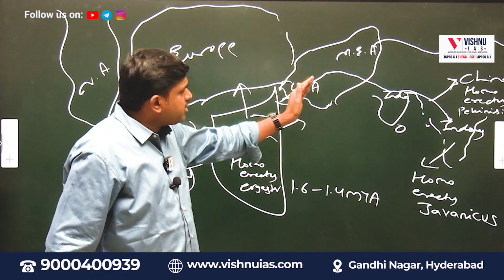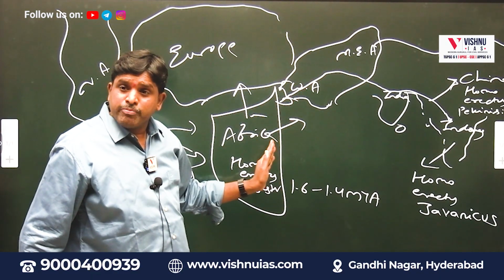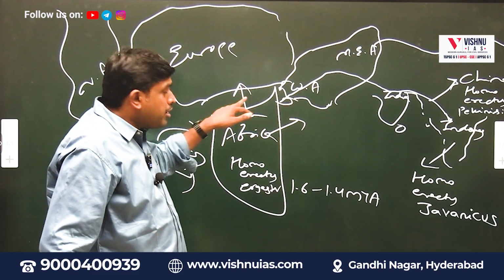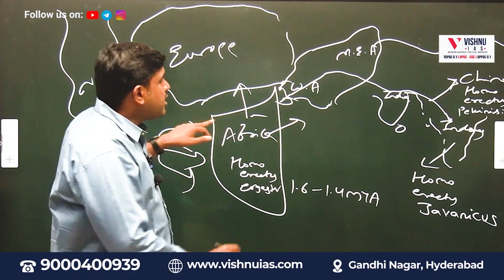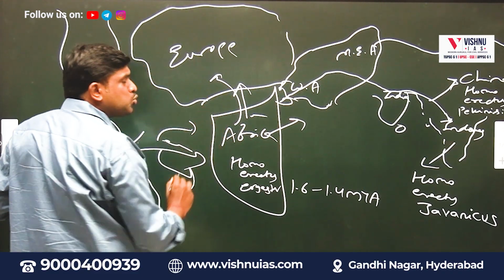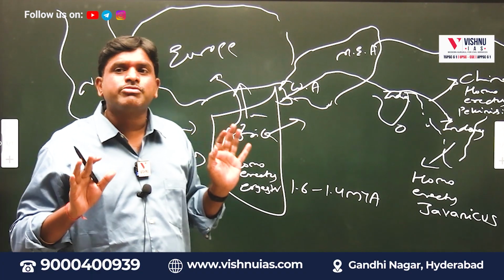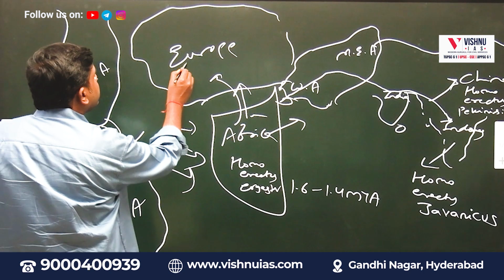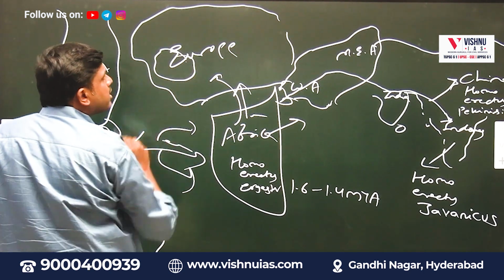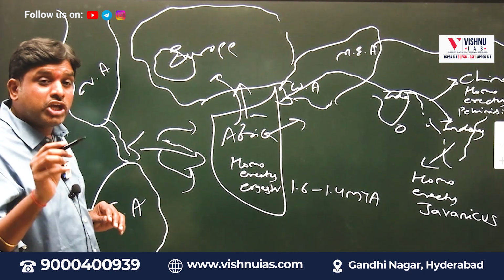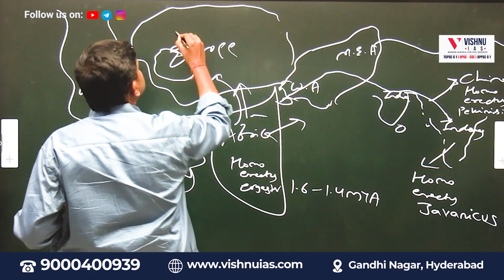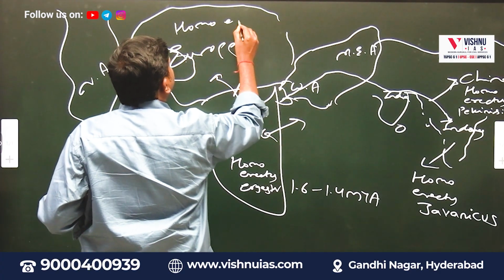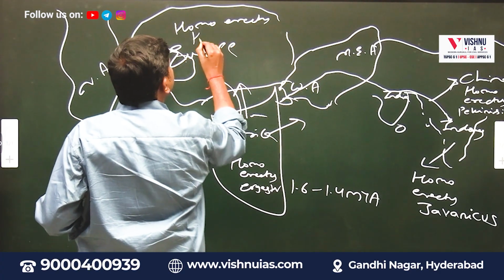One section of people went this side, across what? The Mediterranean Sea. As soon as they crossed the Mediterranean Sea, the temperature was very low, and they went near Germany and settled down. Hence the European variety of Homo erectus is called Homo erectus heidelbergensis.